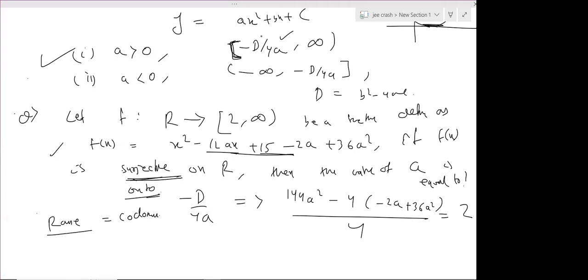And range of quadratic is like this: minimum value and maximum is infinite. So minimum is minus D upon 4a. So I calculated that. The codomain is 2 to infinite. So minimum value is 2. So 2 must be equal to this value. Yes or no?